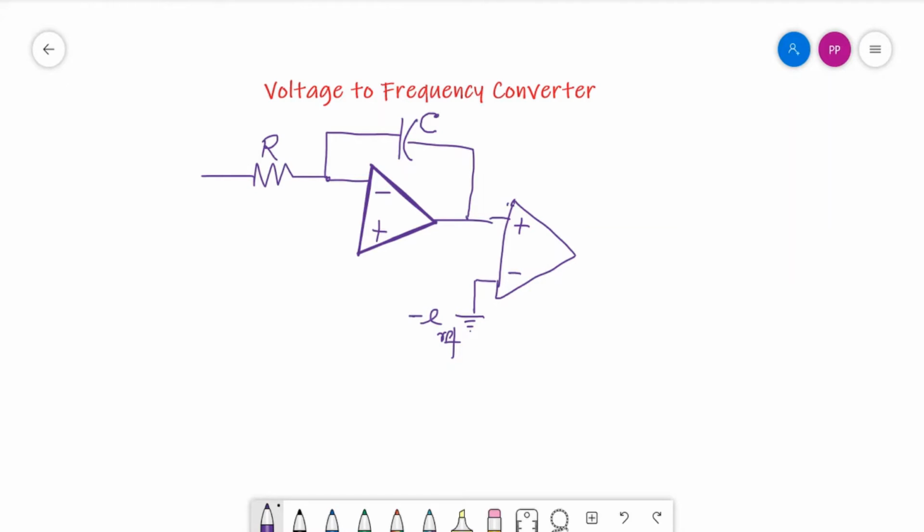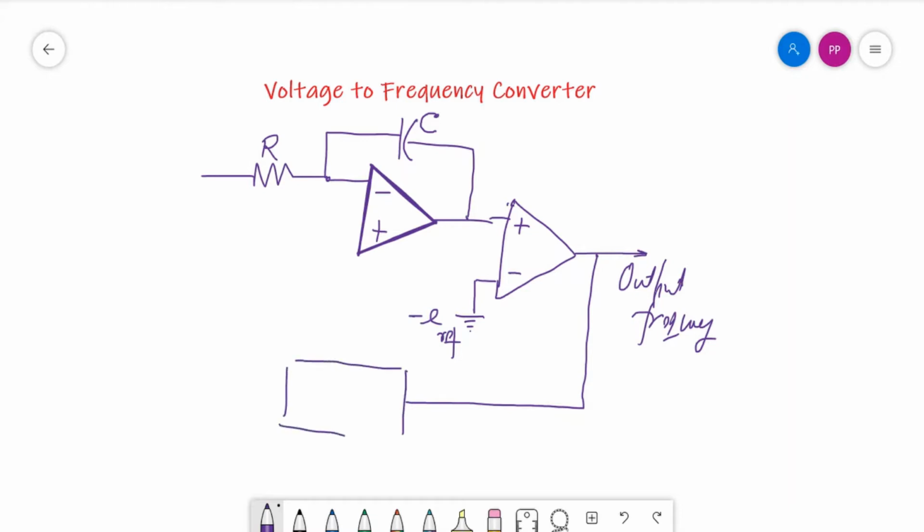This output, the output frequency which we are interested in, is taken and fed to a pulse generator. So basically this is a pulse generator.